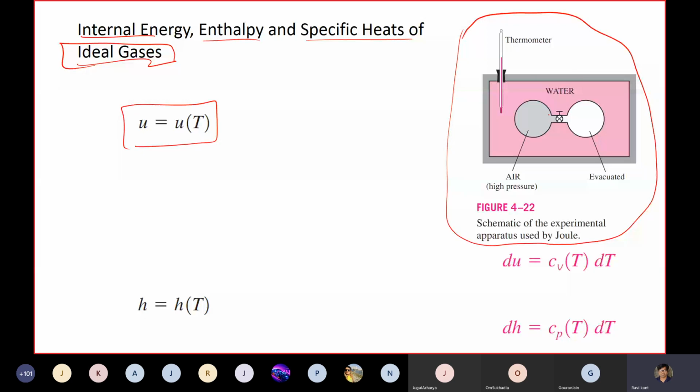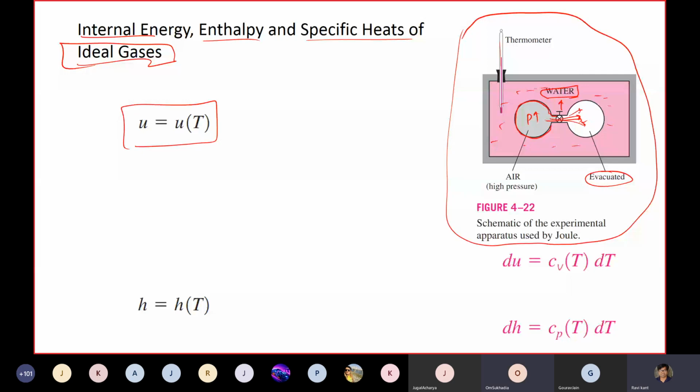He took a flask filled with air, tightly packed with high pressure, connected with an empty flask which is evacuated, zero pressure, and totally submerged in a bath of water. To keep track of water temperature, he inserted a thermometer here, and then he slowly opened the valve, and the expansion process happened.